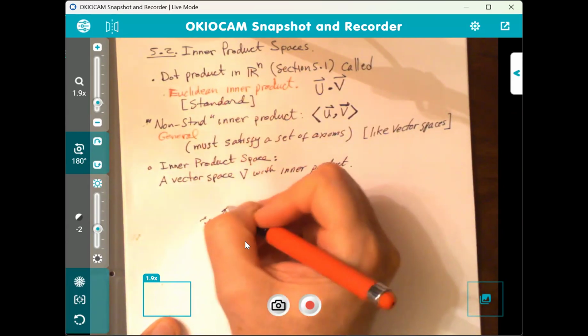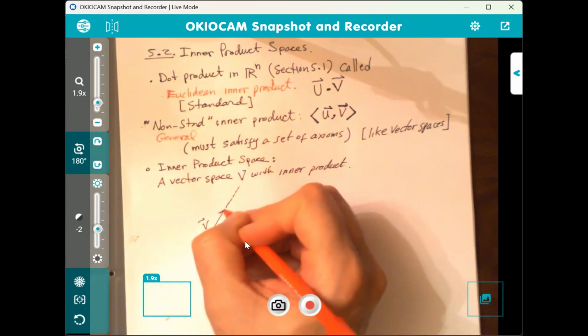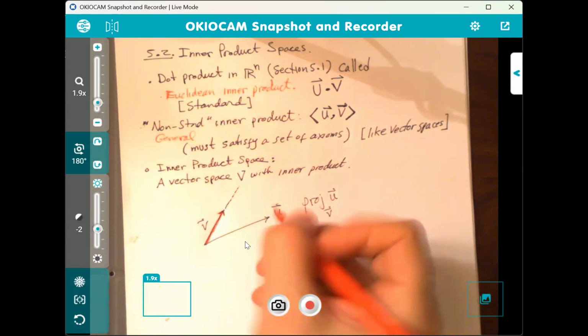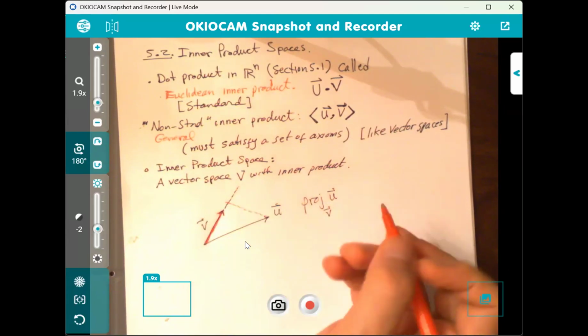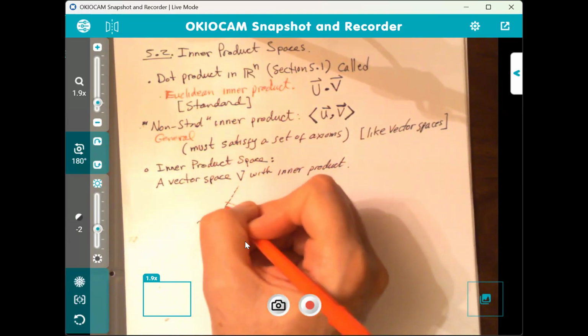Well, I'm going to extend my vector v here, because it doesn't go far enough. I'm not changing my vector v, folks. That's my vector v, it's this one right here. I'm not changing that. But I need to draw a perpendicular from the tip of u onto the extension of v, if you will.